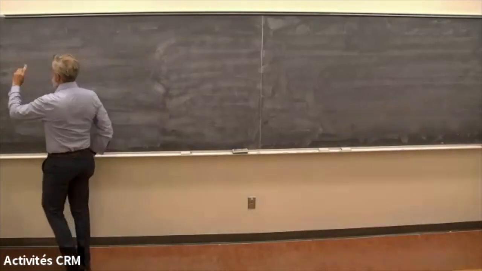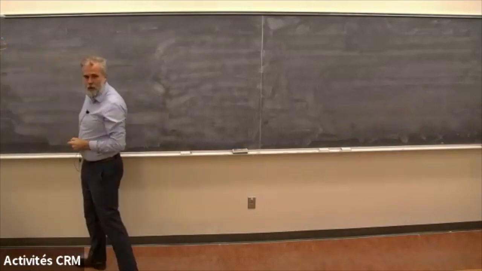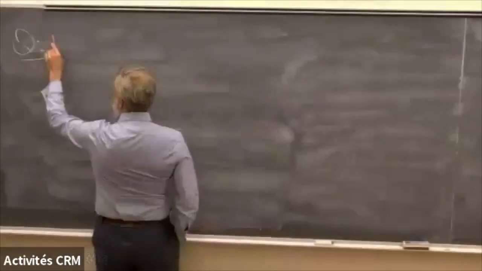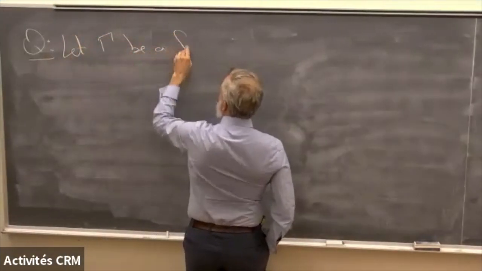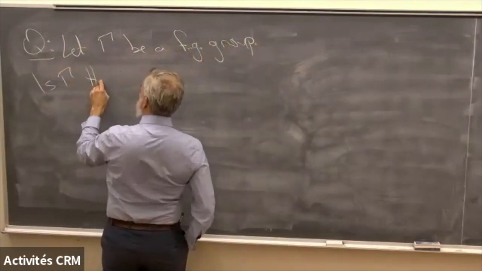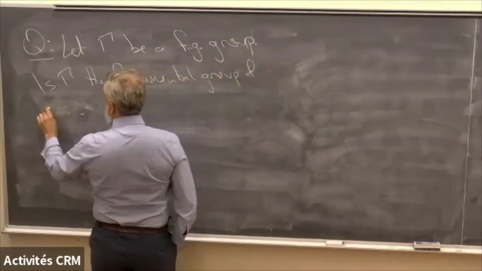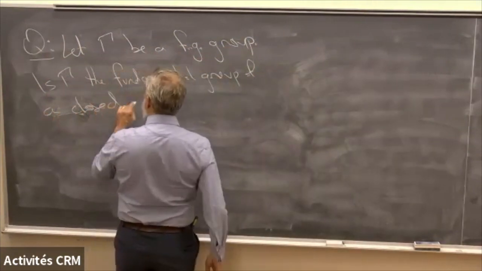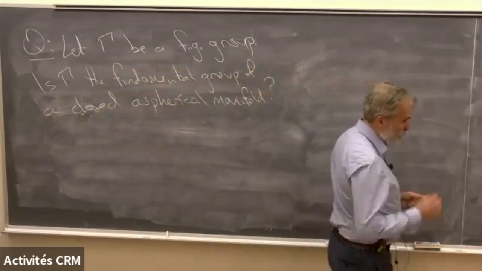Here's my first version of what's a very naive question, and we'll refine this as we go. But here's a very natural question you might ask about your finitely generated group. Is gamma the fundamental group of a closed aspherical manifold?